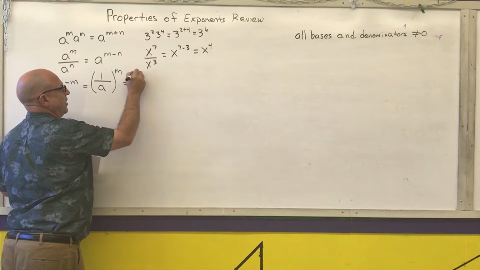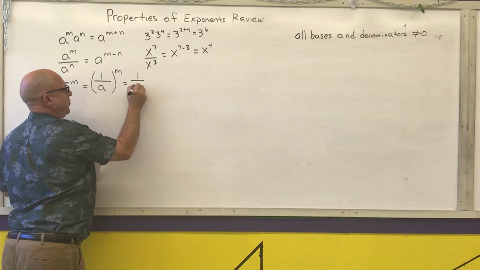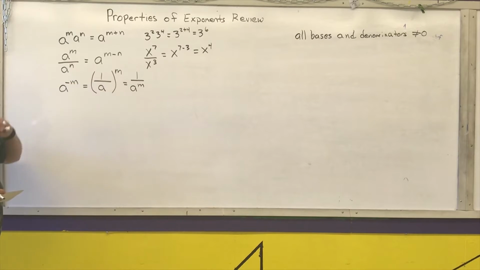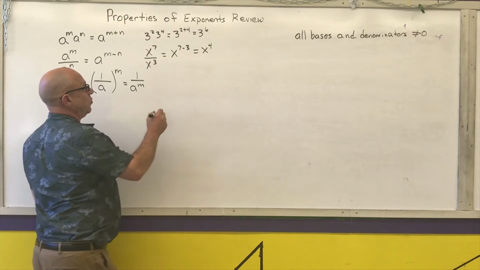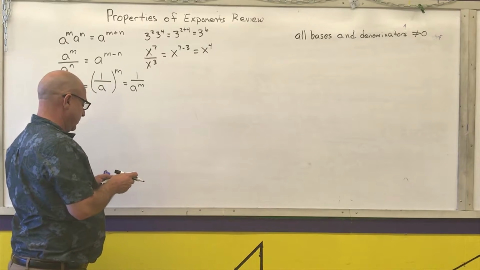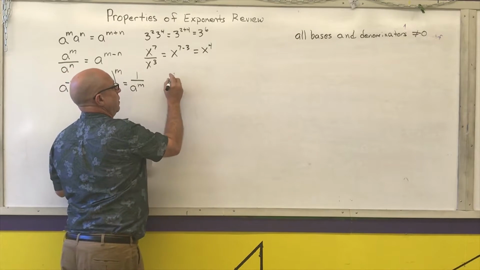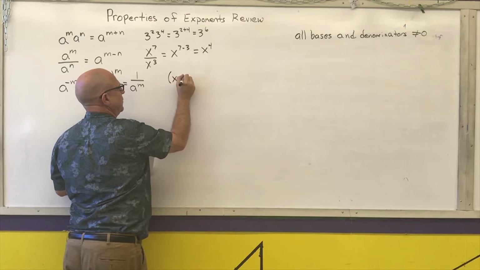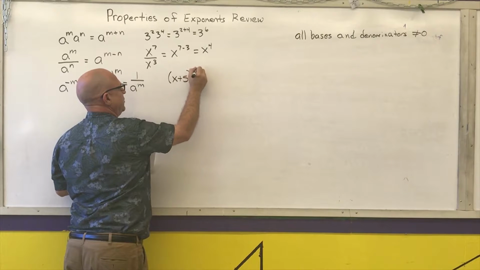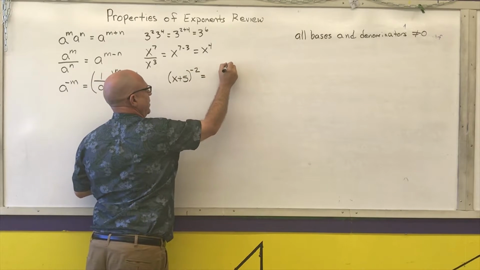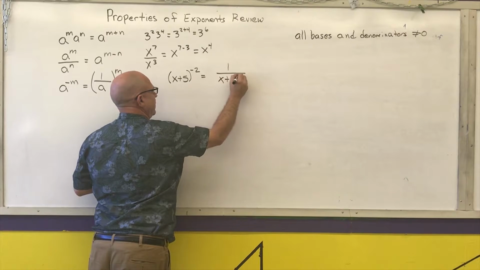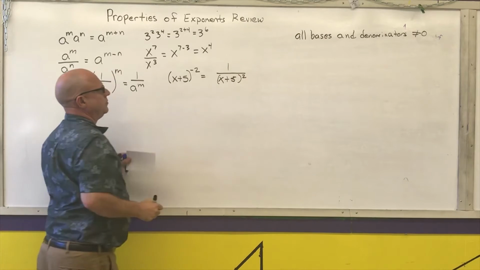It's also the same thing as 1 over the base to that first power, if this happens to have a 1 when you do the reciprocal there. And this works for anything. So if I have x plus 5 to the negative 2, that is the same thing as 1 over x plus 5 quantity squared.